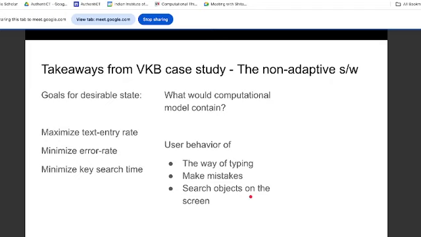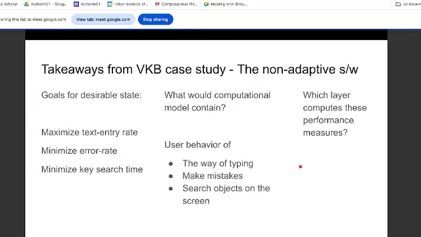We also try to map the user behavior of searching for objects on the screen. So if the user prefers to search for the keyboard at the bottom, there is no point keeping the virtual keyboard at the top of the page, right? That is the mapping of user behavior in order to achieve these desirable state goals.